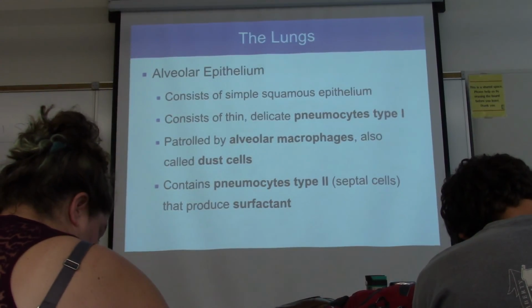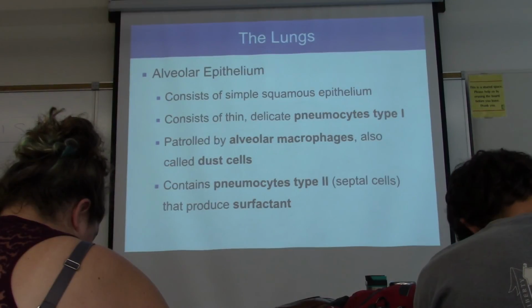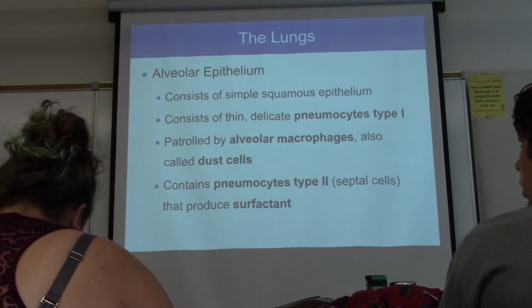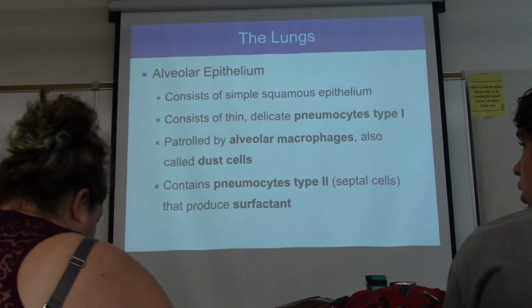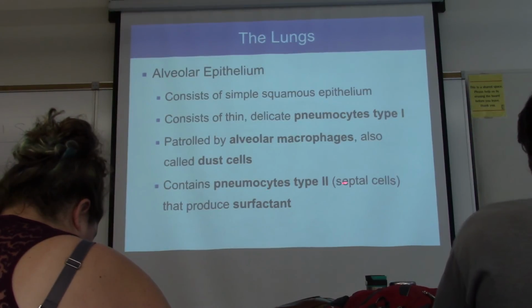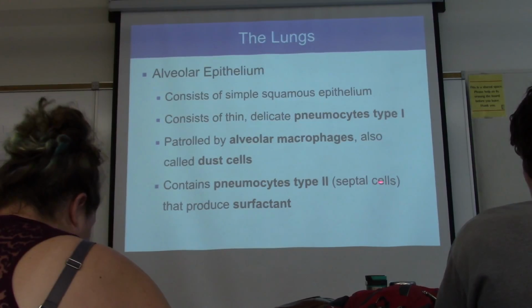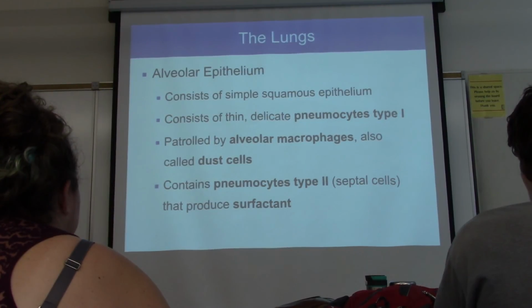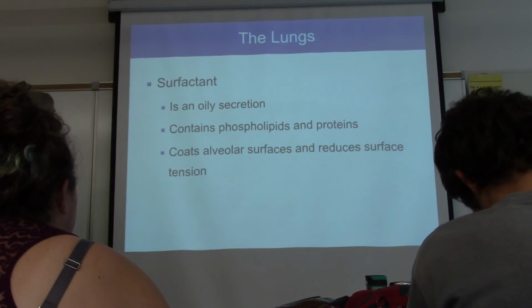Usually they've been filtered out or they've stuck to the side by the time they get that far. There's also these pneumocytes type 2 that I've already mentioned to you. I didn't realize that they call them septal cells as well. But okay, they're the ones that produce surfactant. I did have that right.